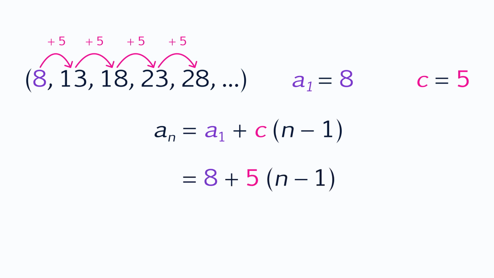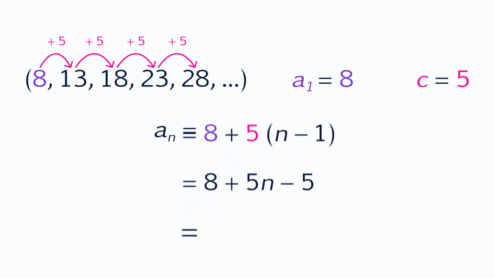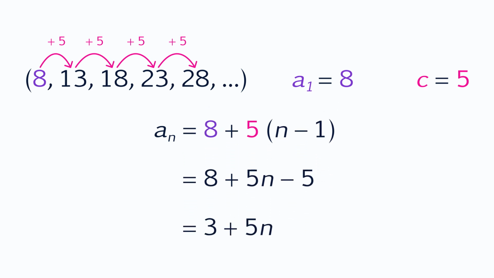This isn't the only way to write this formula. Expanding the 5 times n minus 1 gives 8 plus 5n minus 5, which simplifies to 3 plus 5n. Unless you are asked to write the answer in a specific form, the way you write the formula is up to you. Let's look at one final example.